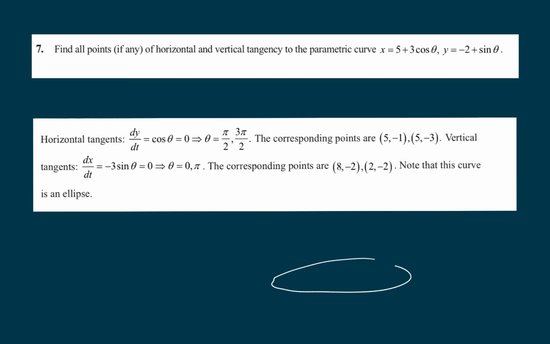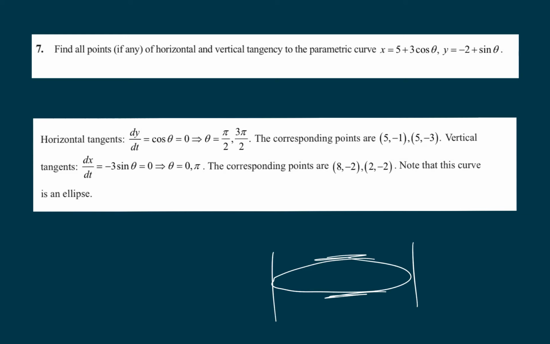This is the ellipse. It will have vertical slope and it will have two horizontal slopes. So for this parametric equation, we want to find for which theta the horizontal slope will happen, or for which theta the vertical slope will happen.